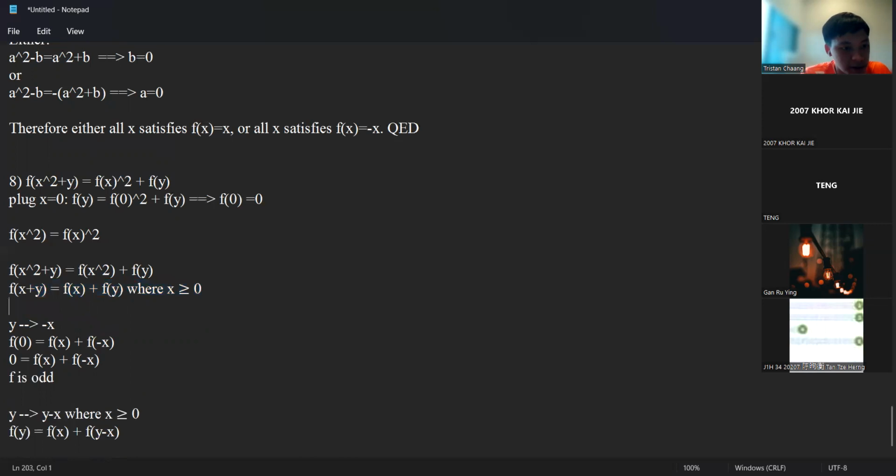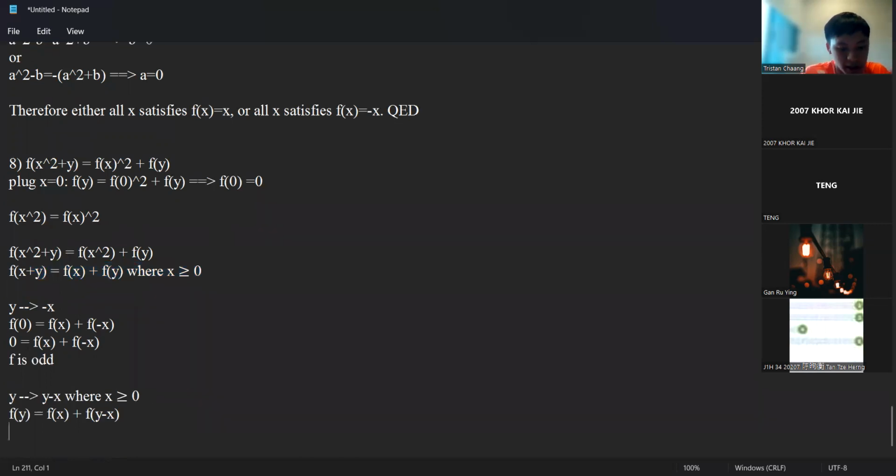So this one becomes f(minus x plus y) equals f(minus x) plus f(y), where x is greater than or equal to 0. Oops, sorry. So here we go.